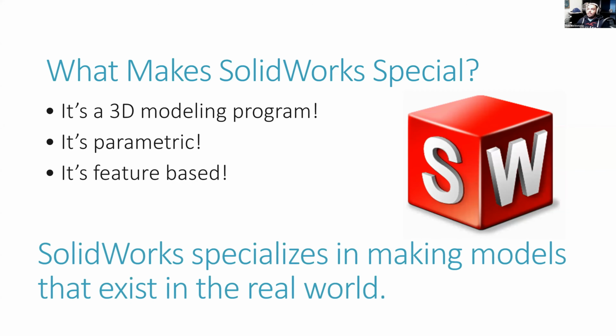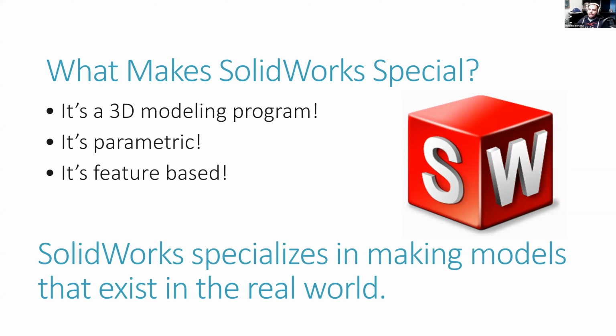This is important because sometimes SolidWorks will try to guide you toward making things that are possible to realize in the real world. And you might be saying, well, yeah, that's the whole point, right? But you take something like Blender, and Blender lets you do a lot of cool stuff because people use it to make animations and video games, so you can get away with using other techniques.